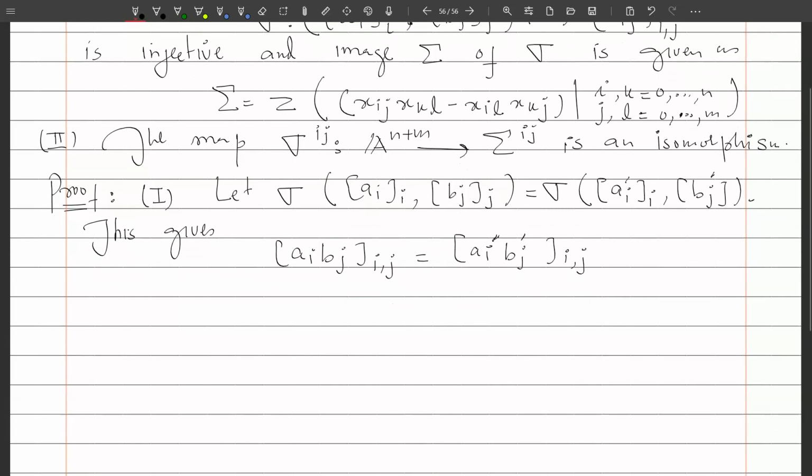Now one should note that two vectors are equal, as projective points, if and only if they differ by a scalar multiple.